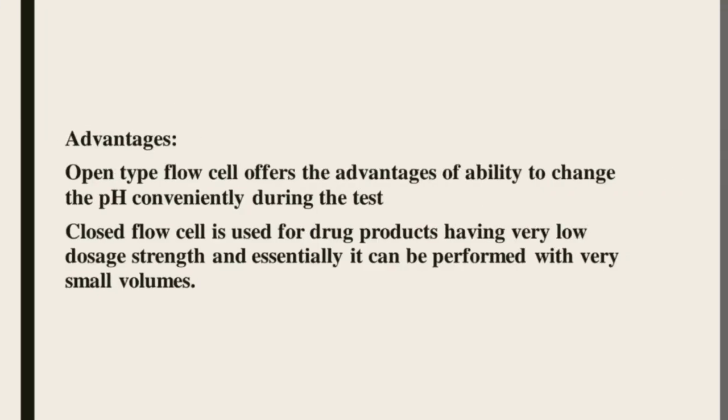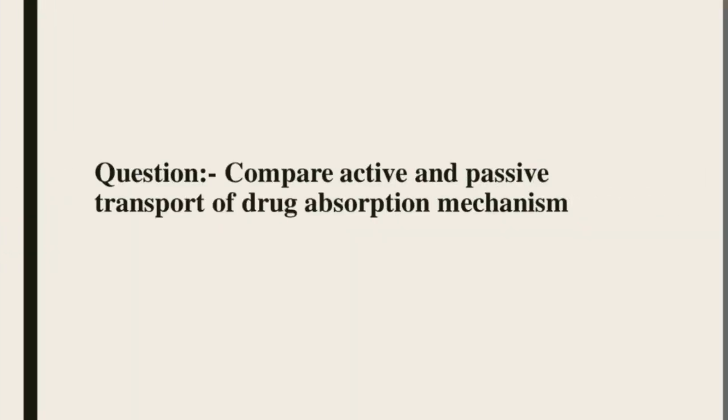Advantages of this apparatus: the open type flow cell offers the ability to change the pH conveniently during the test. The closed flow cell is used for drug products having very low dosage strength and essentially it can be performed with very small volumes.